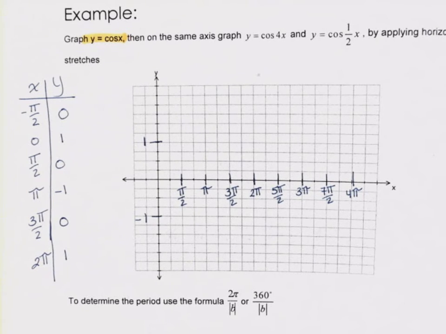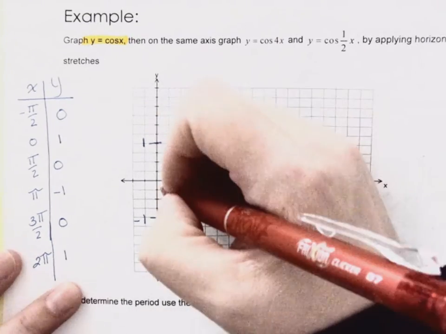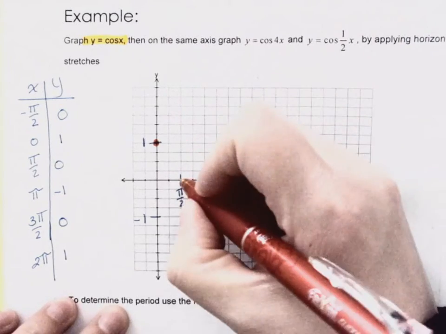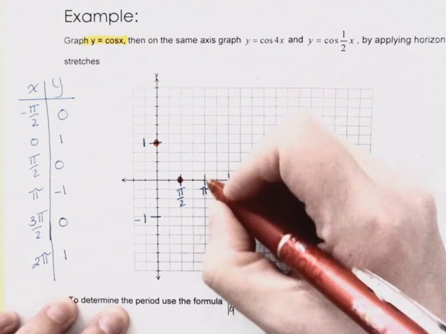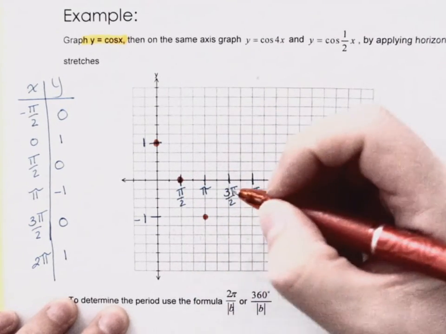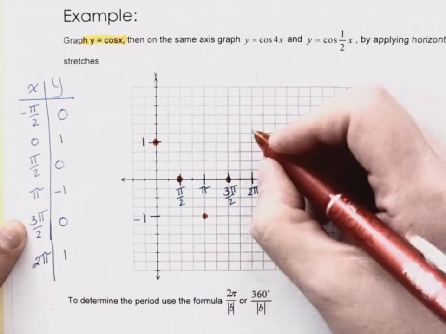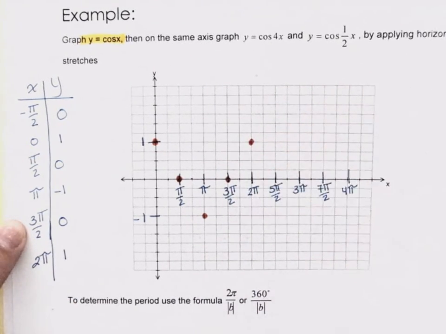Are we good? Okay. All right, let's graph that first one. So 0 and 1. Pi over 2 and 0. Pi, negative 1. Where am I going next? Median, and then to a maximum.